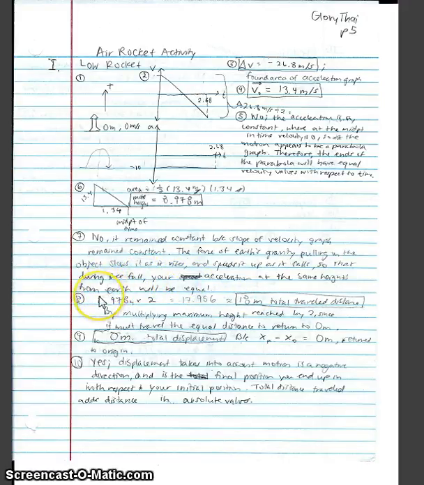For number 8, the total distance that the rocket traveled. I got 18 meters, and I did that by taking the maximum height and multiplying it by 2, because by multiplying the maximum height reached by 2, I find the total distance traveled, because the rocket must have traveled an equal distance from the initial point to the midpoint, and from the midpoint to the final point.